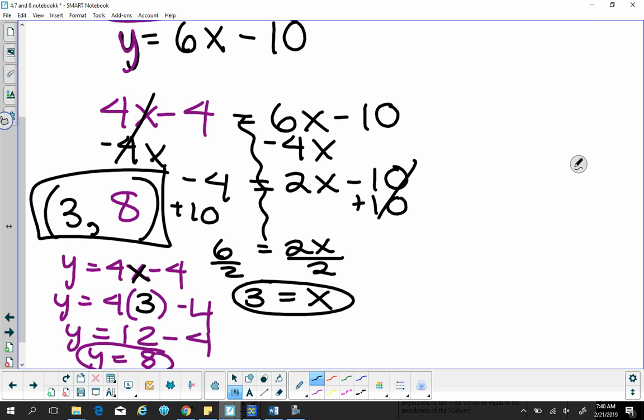How could you check your work? Plug it into both equations, right? So if I plugged in 3 for x right here and 3 for x, they should give me the same answer. So let's try it. What's 4 times 3? Minus 4.